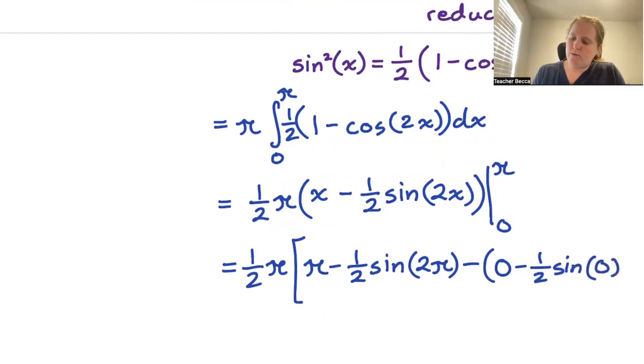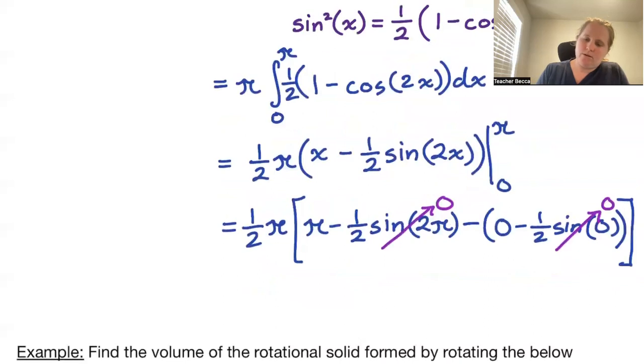That 1/2 pi out front is multiplying everything. Sine of 2 pi is simply 0. Sine of 0 is also 0. So this winds up giving us 1/2 pi squared as our overall volume.